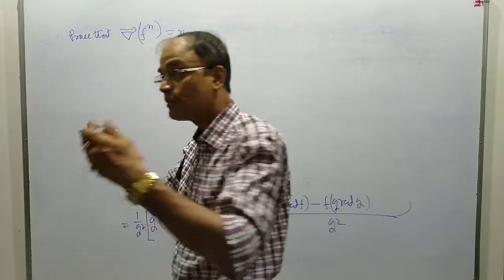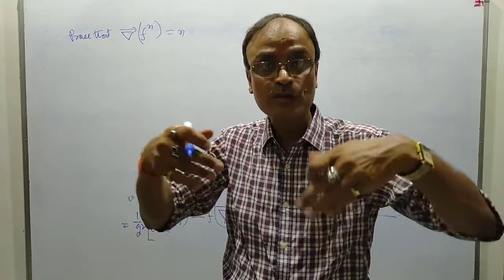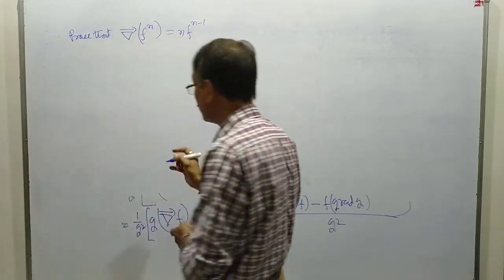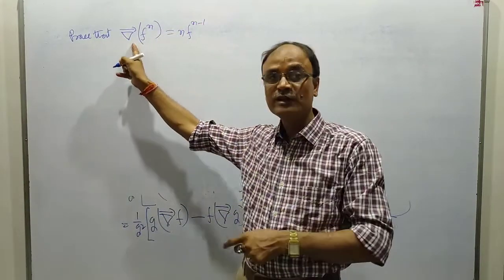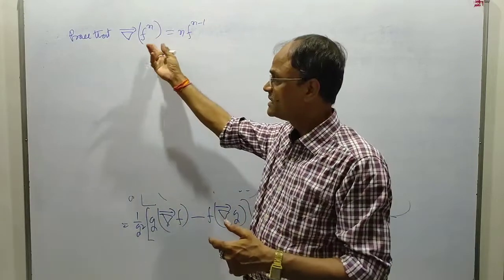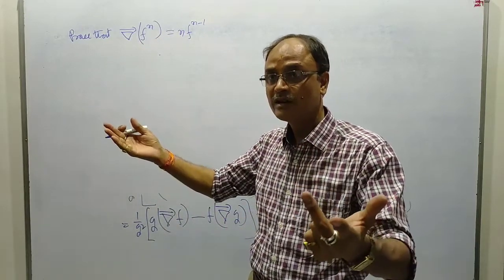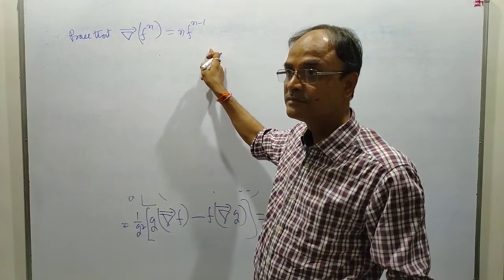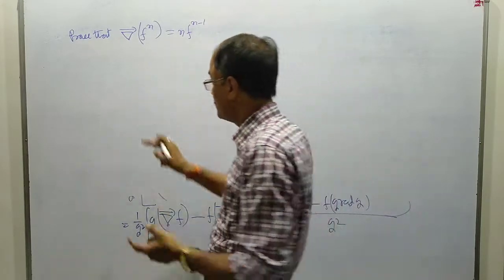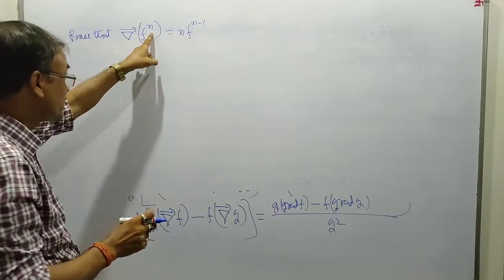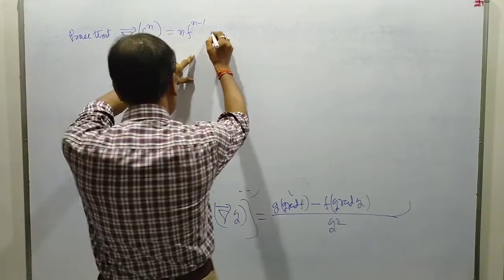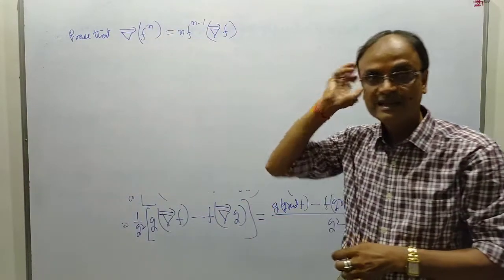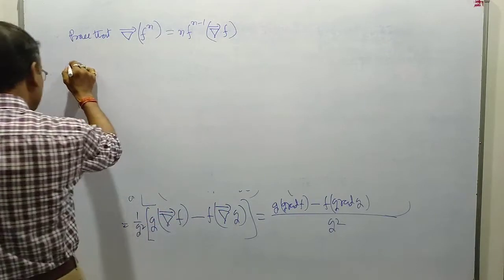The differentiation of x to the power n will be n into x to the power n minus 1. If you are differentiating with respect to x, and it is a function of y, then you will write dy by dx here. In a similar way, the gradient of f to the power n is n f to the power n minus 1 into the gradient of f. A very simple proof.